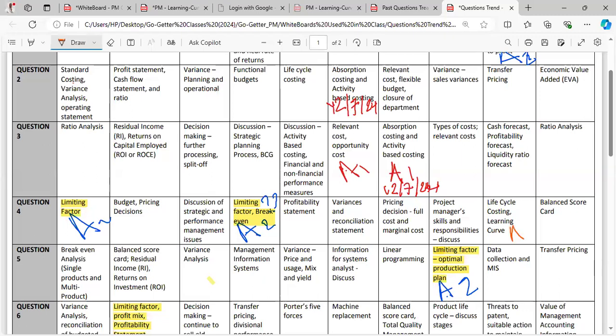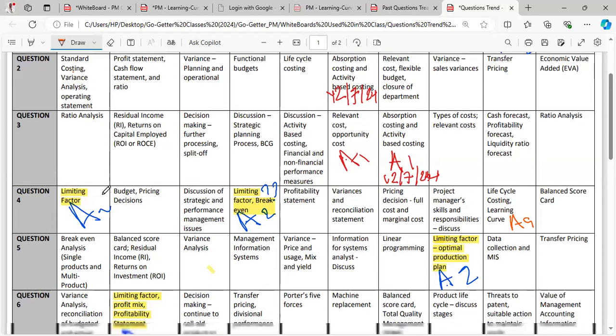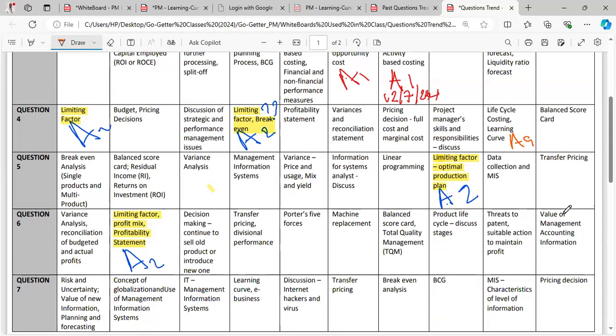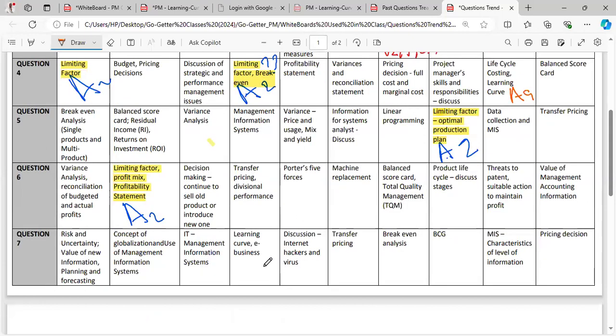This is one of the questions we are going to solve. This is life cycle costing and learning curve. We'll check it. This is another one here. Okay, this is product life cycle. Okay, this is another one here. I'll call this one A9.